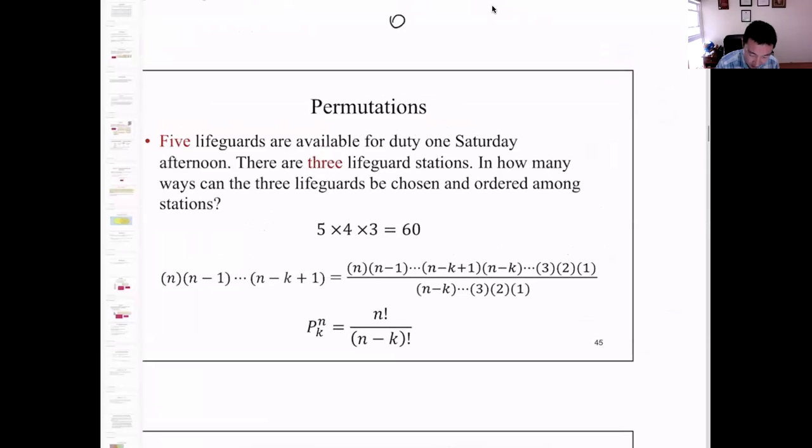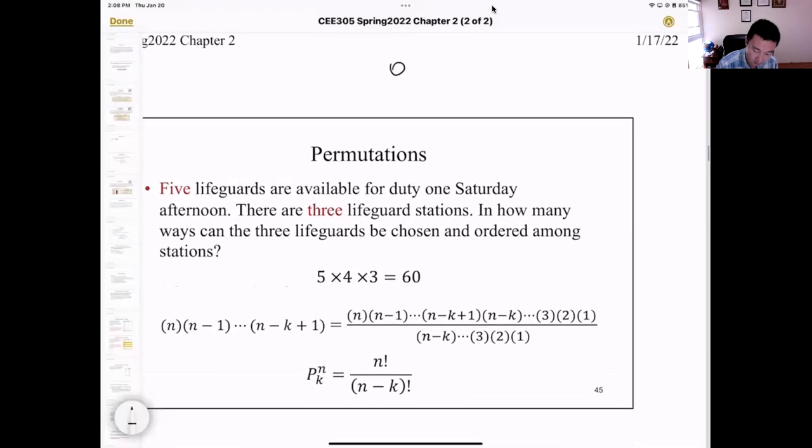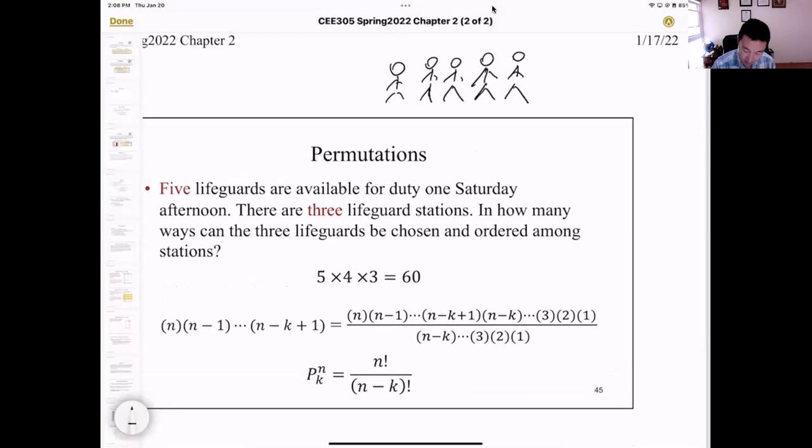So we have 5 lifeguards, 5 persons, and we have 3 stations. Let's call them 1, 2, 3. So we need to choose 3 lifeguards and assign 1 lifeguard to each of the 3 stations.